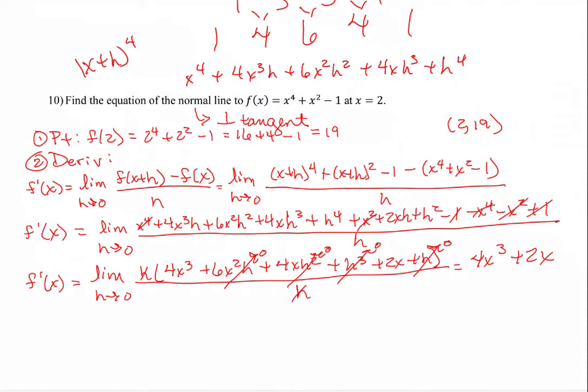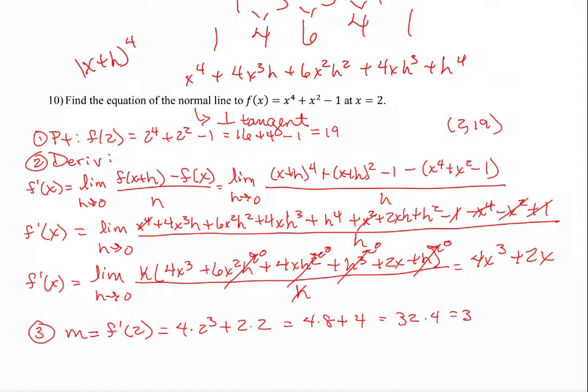All right, so third, I need to find my slope, which is f prime of x at 2. So that's going to be 4 times 2 cubed plus 2 times 2. So that's 4 times 8 plus 4. So that's 32 plus 4 is 36.